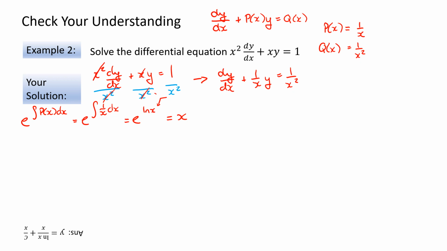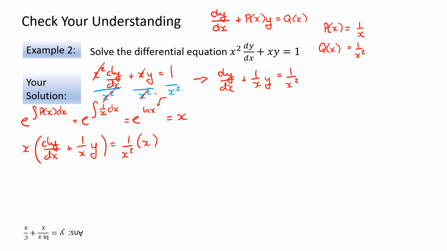So if I multiply both sides by that integrating factor x, we get x times dy by dx plus 1 over x times y is equal to 1 over x squared times x.